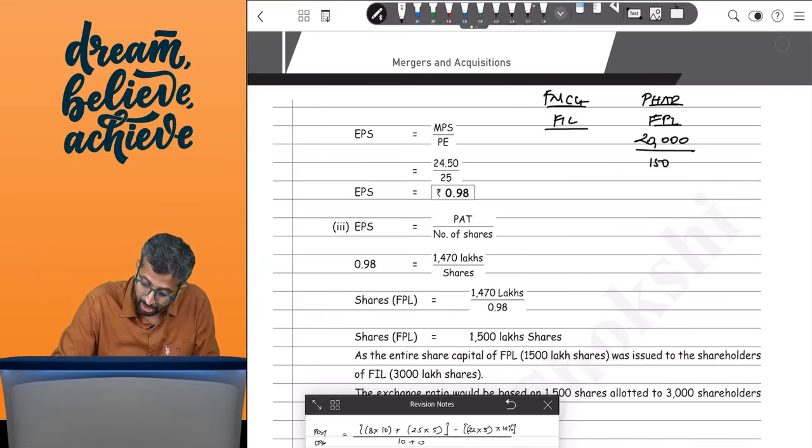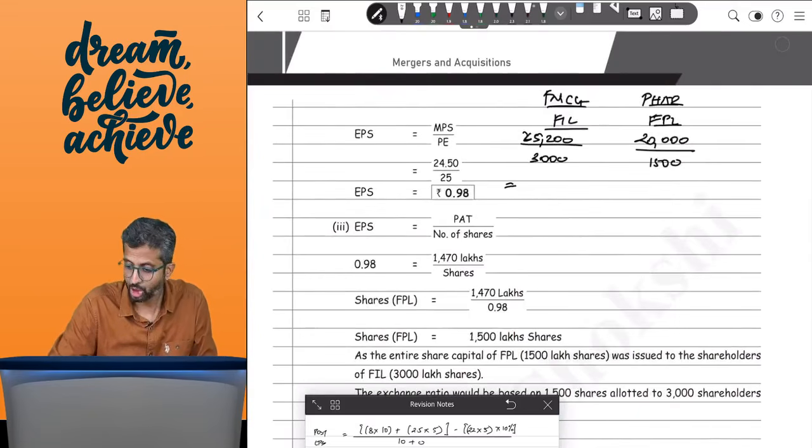Divided by 1500 shares, and you have, let us say, 45,200 minus 20,000, that is 25,200 divided by 3,000, which is there in Fortune India. So this is 25,200 divided by 3,000 comes to around, I think, 8.4, and 20,000 divided by 1500, which comes to around 13.33.